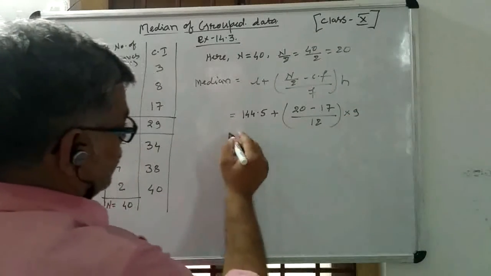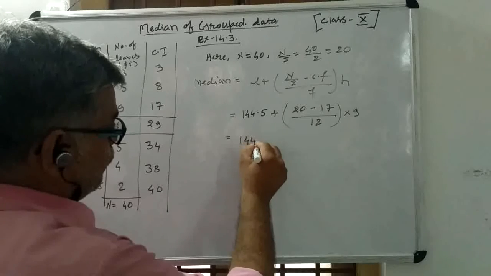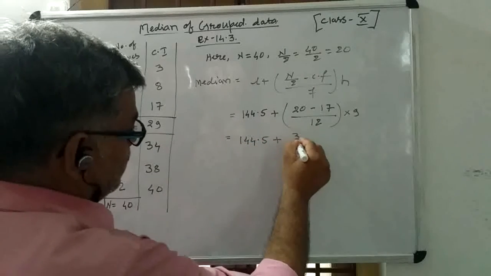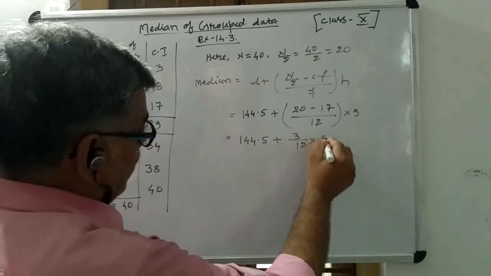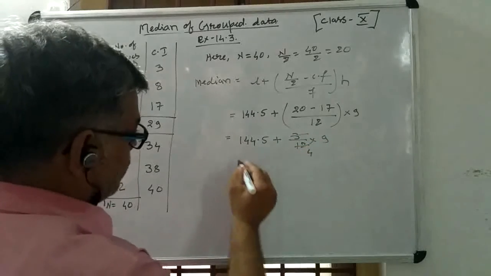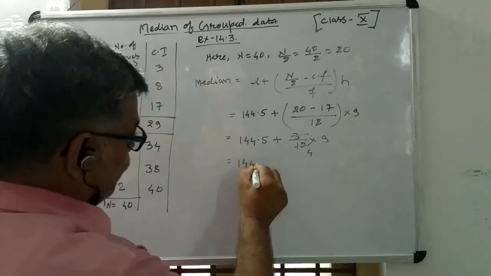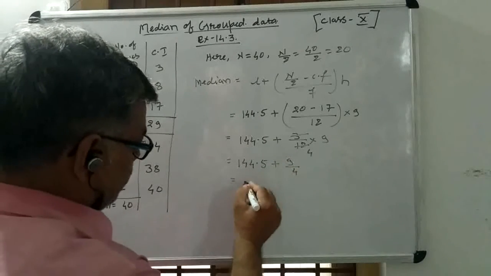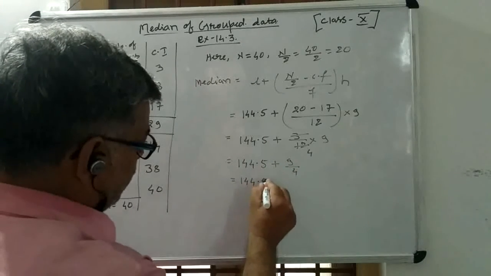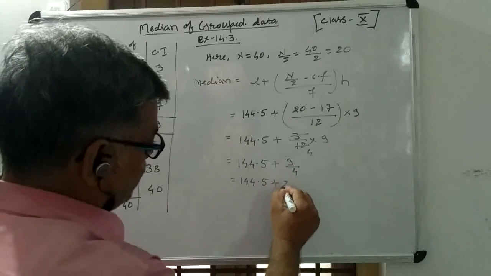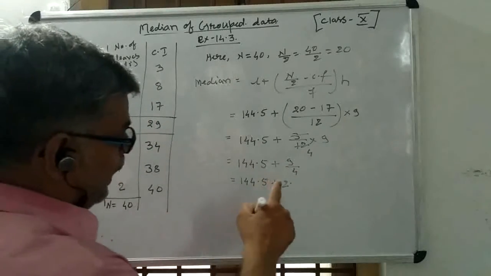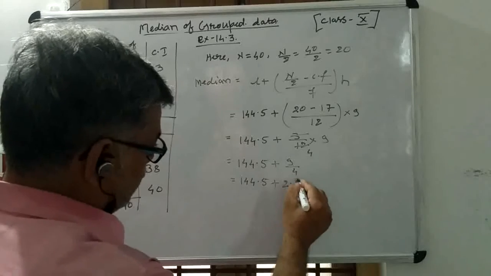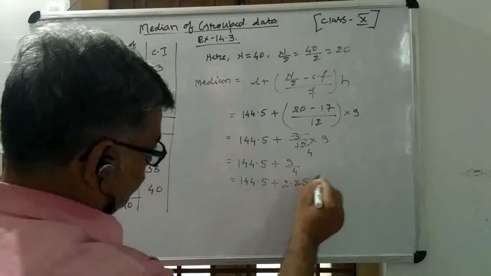So simplify: 144.5 plus 3 by 12 into 9. 3 fours are 12, so we have 144.5 plus 9 by 4, which is 2.25.